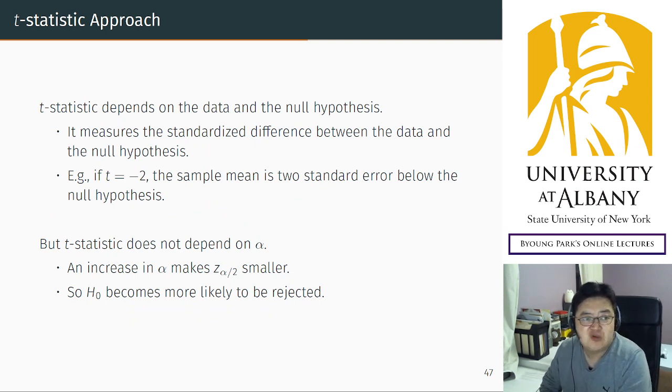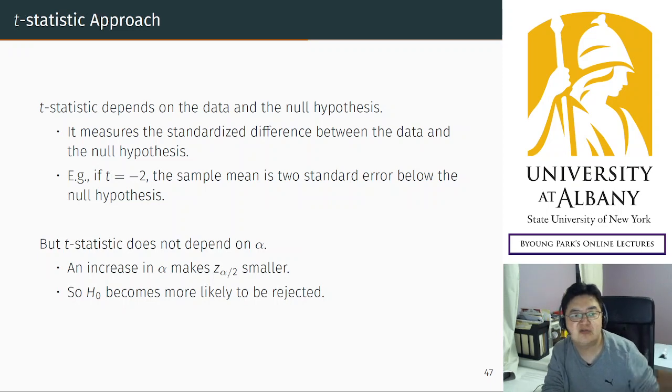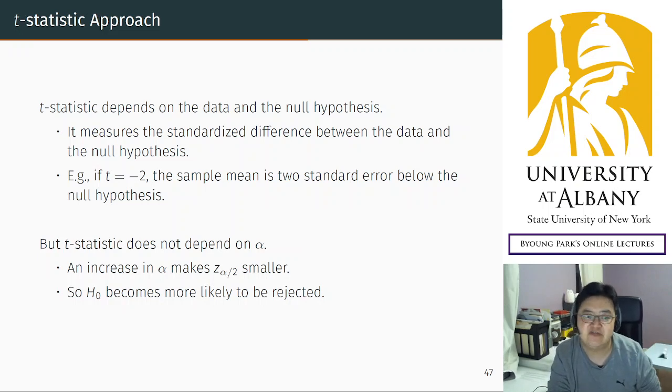And then why do we use the T-statistic? Because it's also simple. To calculate the T-statistic, you need to know the hypothesis, the data, the sample size, and the standard deviation. So your hypothesis, the sample mean, sample size, and sample standard deviation, which are basically from the data or from the hypothesis. What you do not need is the significance level.